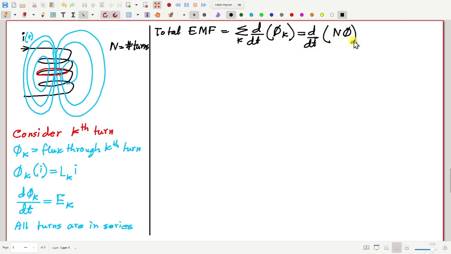This quantity n times phi, let me represent with the letter psi, and it is called the flux linkage.